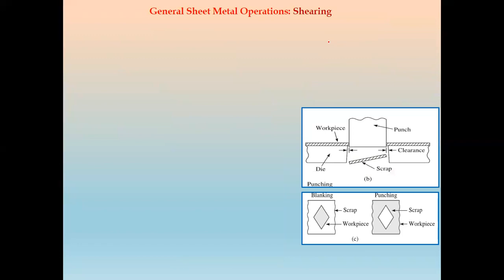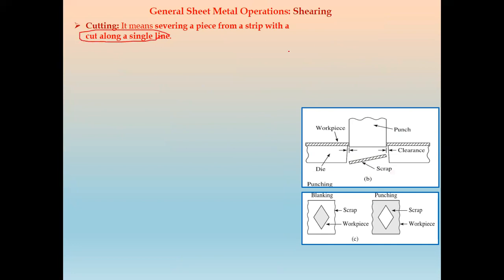So first we will see the different operations in sheet metal working. First operation is the cutting operation. Cutting means we sever a piece from a strip with a cut along a single line.